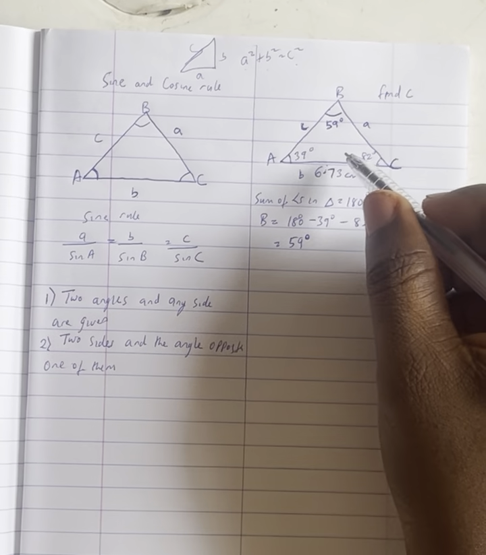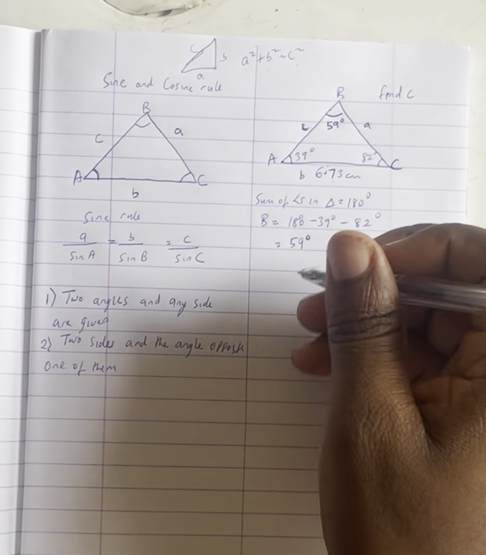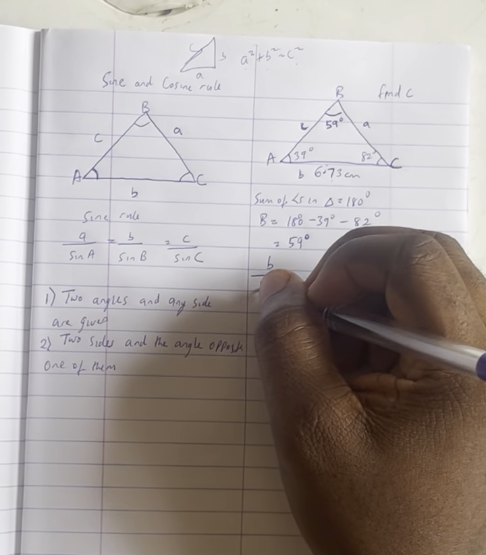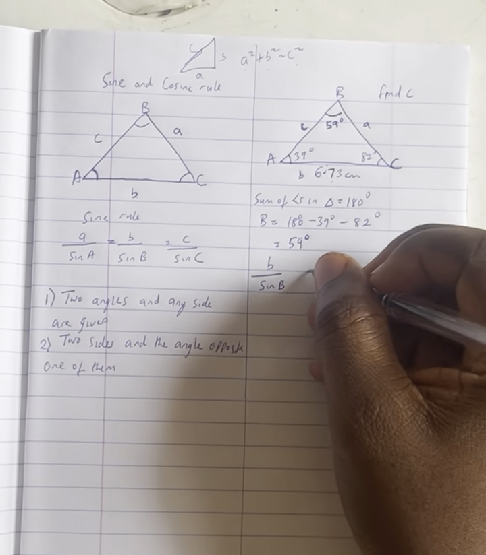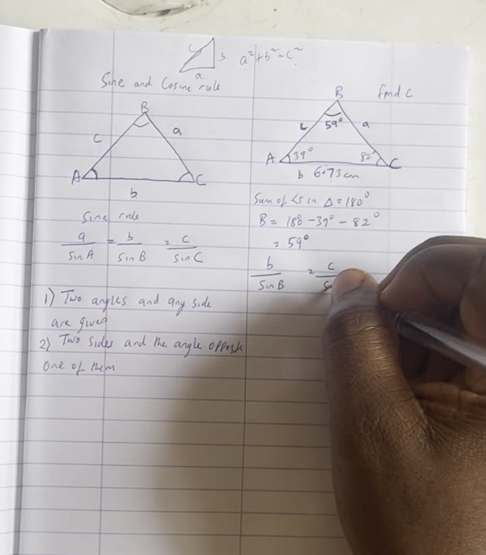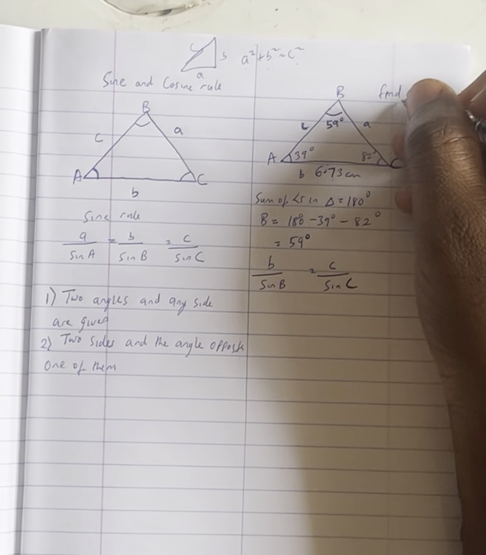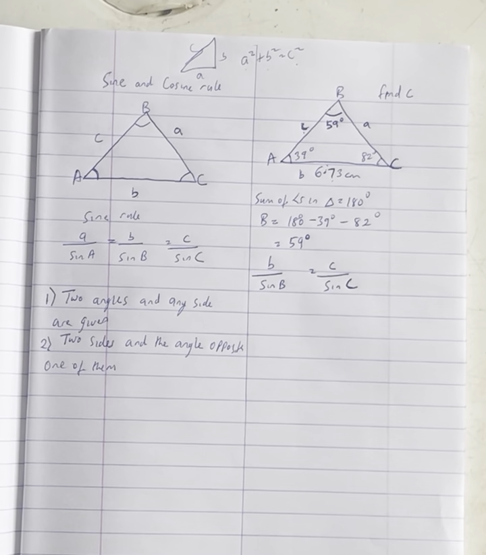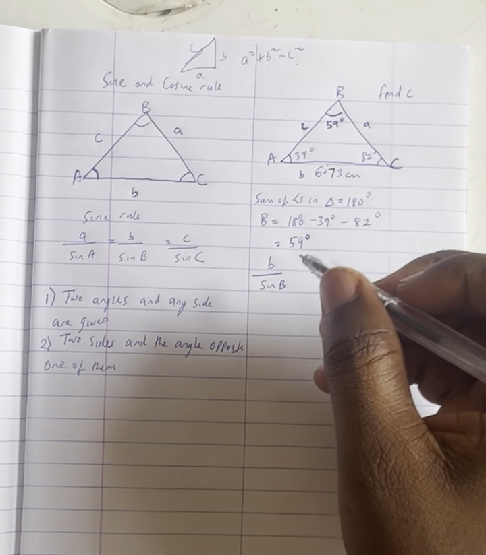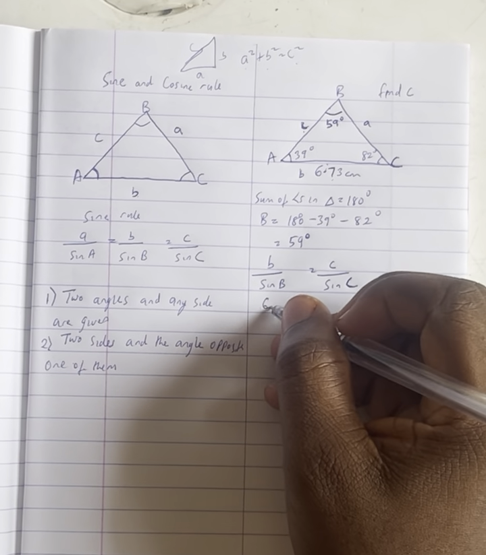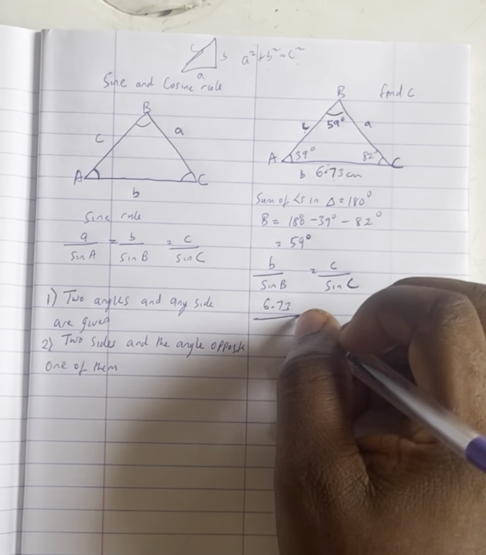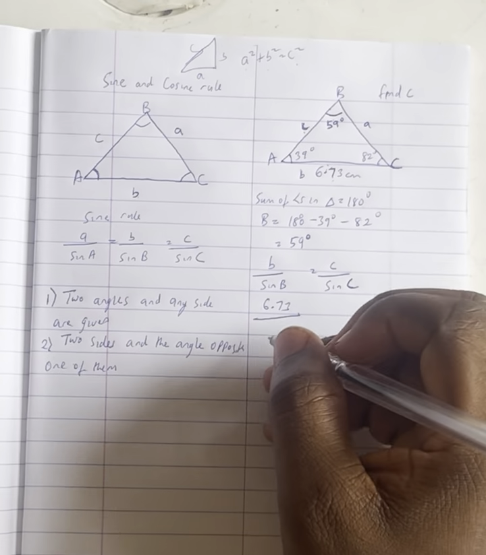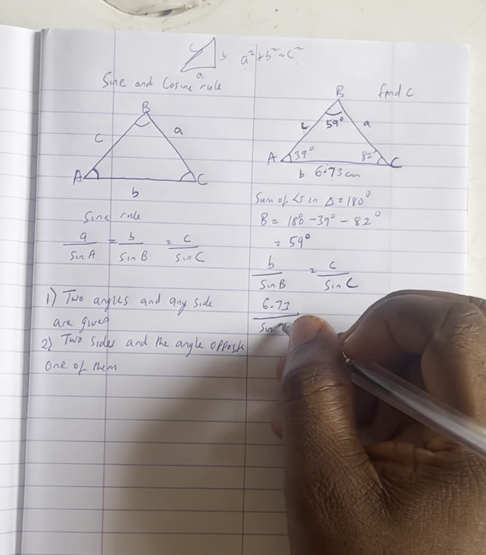So this is B here. So we can just use b over sine B is equal to c over sine C, because we are asked to find the side c here. So our b is 6.73 and the angle opposite is sine 59.